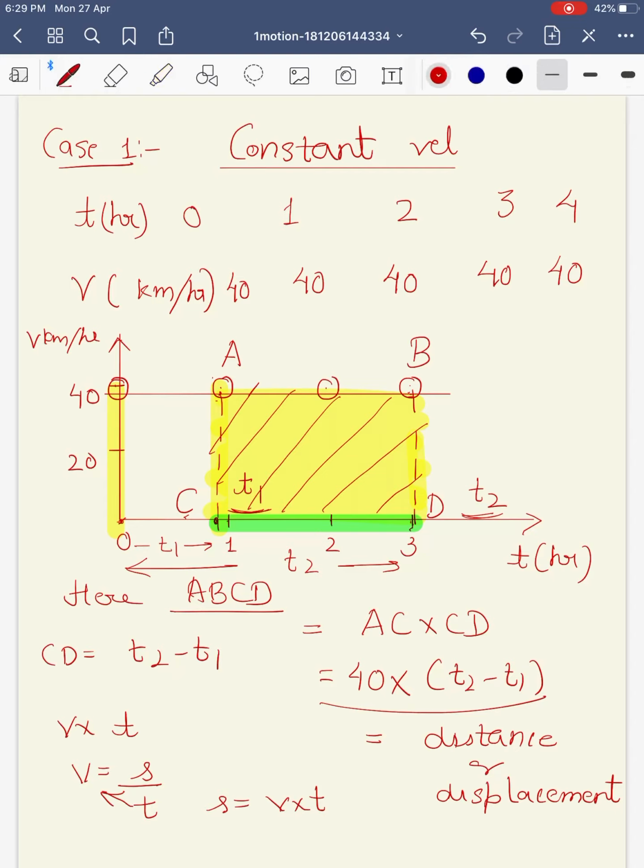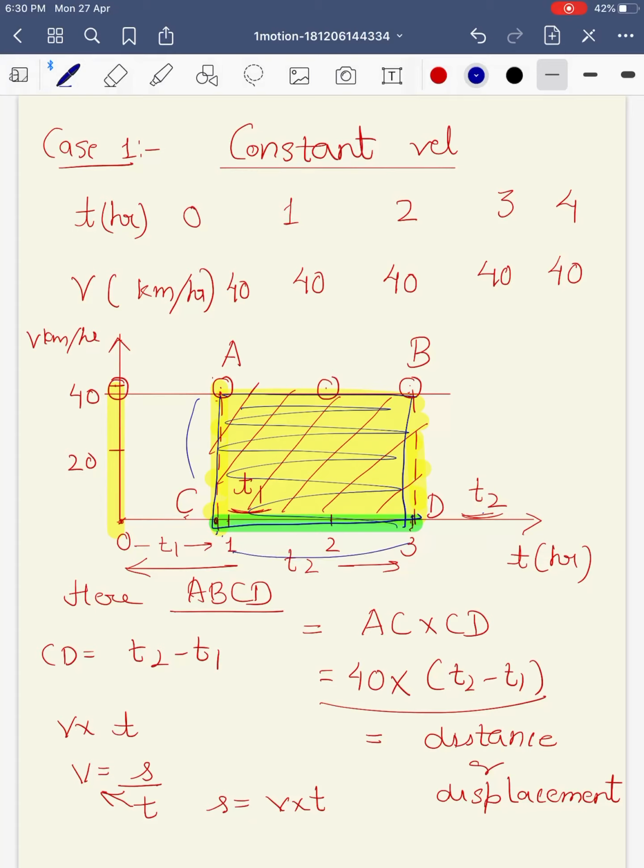Let's see how we did this. For this we have taken this complete rectangle ABCD. From A I had drawn a perpendicular to C such that the time here is t1, and at point D the time is t2. Now what will be this complete area? This is a rectangle, so it will be length into breadth, given by AC into CD.